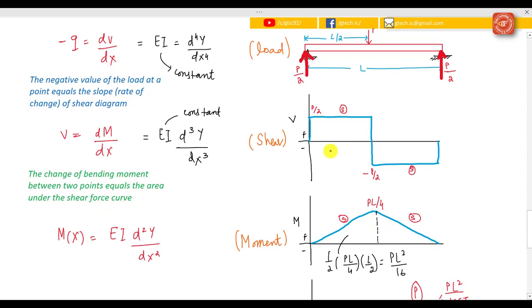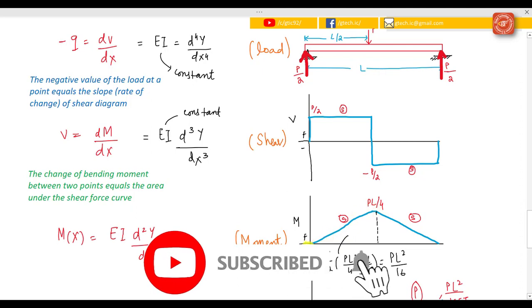Simply take the area of this rectangle, which is L by 2 times P by 2, and that would be equal to PL by 4. So start from here, at this point the moment is 0 and then plus PL by 4, and the second point would be like here. So this will be the straight line for the moment curve.